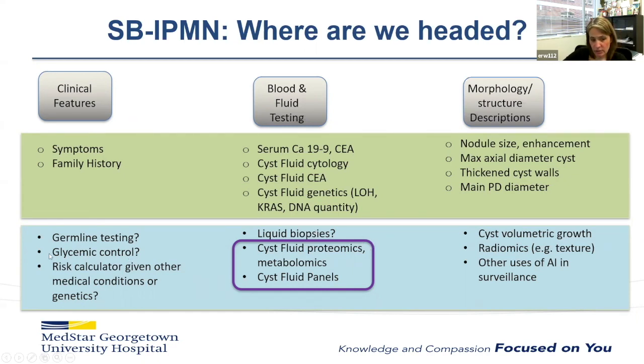And other features like glycemic control and germline testing and risk calculators that really incorporate the patient's overall medical condition are evolving, as well as radiomic strategies to try to identify mucinous cysts by texture or other MR features, rather than simply relying on an invasive procedure like a cyst fluid aspirate to do that for us.